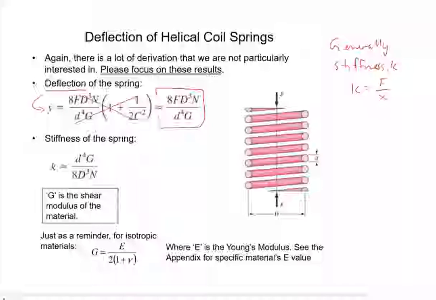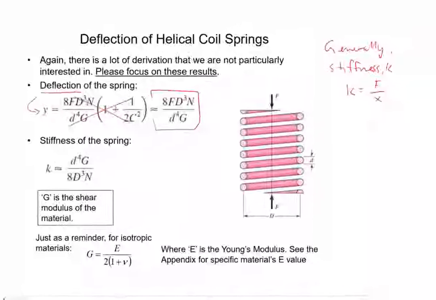So in this case, we have a definition based on the material properties and the geometry of the spring. So this is the stiffness.